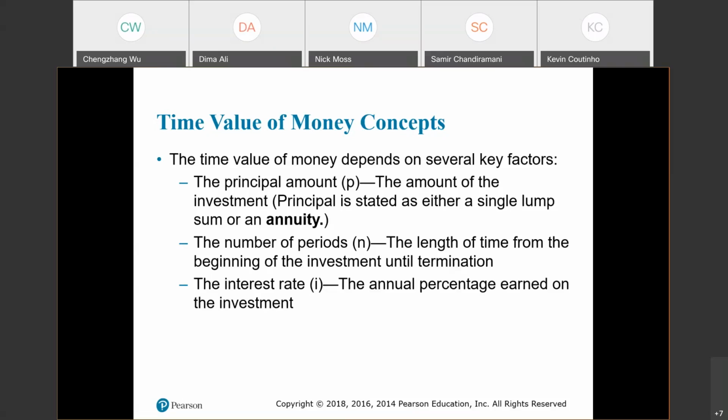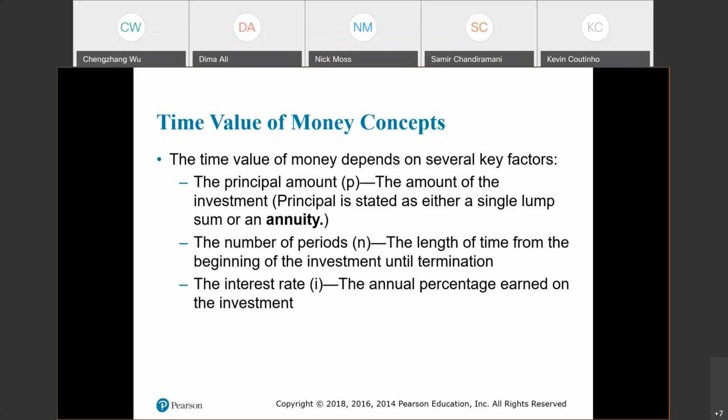Well, for example, if you win the lottery, you have the choice of receiving all the winnings now, or receiving a series of equal payments for a period of time in the future. So these two options illustrate the concept of lump sum and annuity.